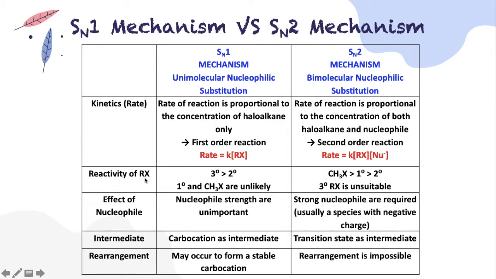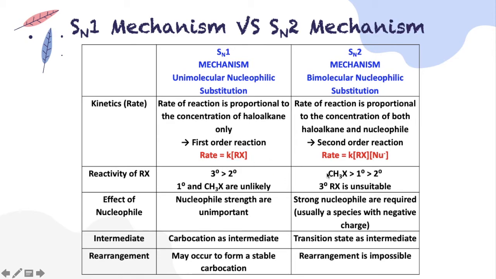Reactivity of RX, the haloalkane. SN1 mechanism involves the formation of carbocation. So the tertiary haloalkane is more likely to happen than secondary, but primary haloalkane and methyl halide are unlikely to happen in SN1 mechanism.